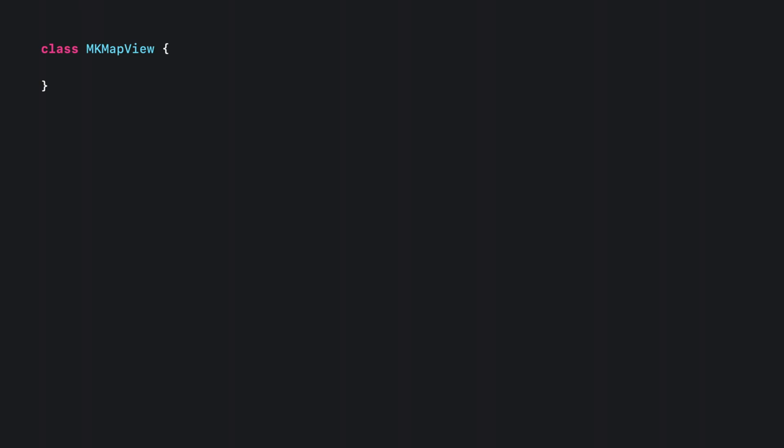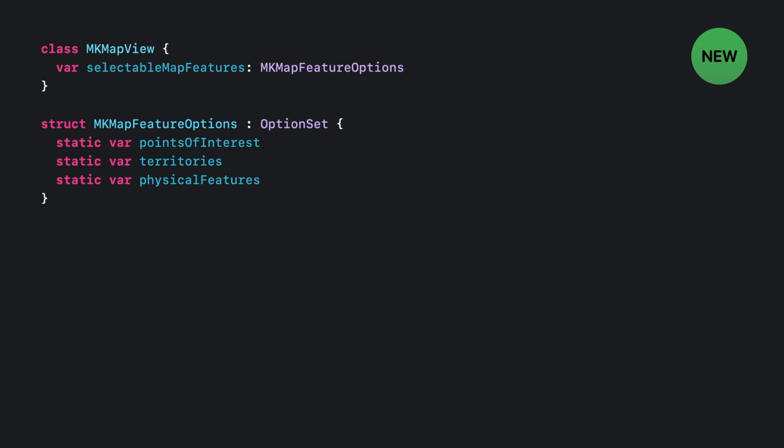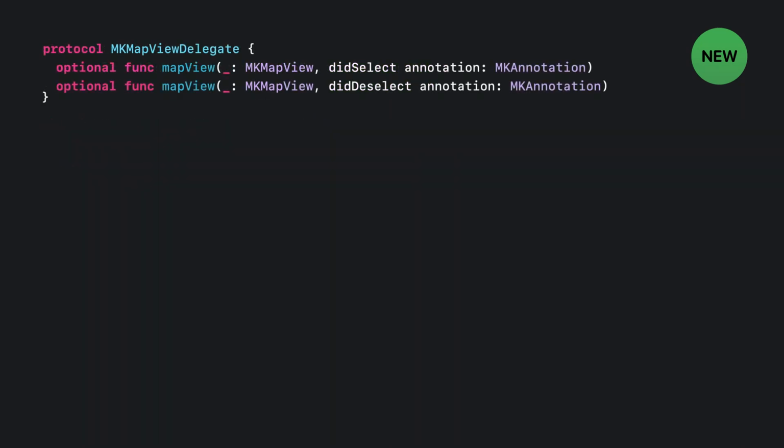We'll start with configuring which map features should be selectable, using the new selectableMapFeatures property. You can choose any combination of points of interest, territories, and physical features. Once you've configured the selectable map feature and the user taps one of those features, you'll start receiving some new delegate callbacks, allowing you to customize the selection behavior.